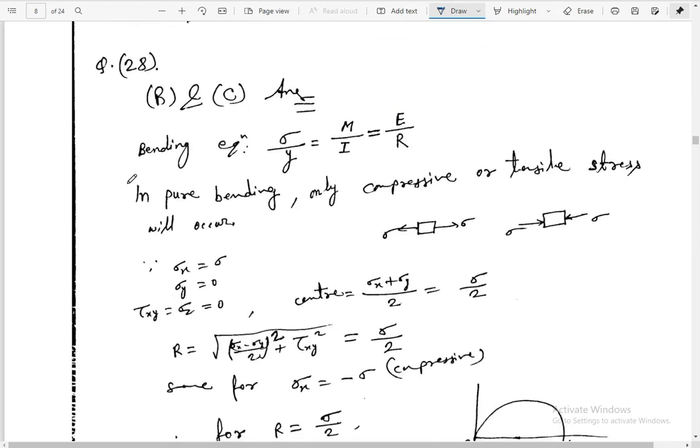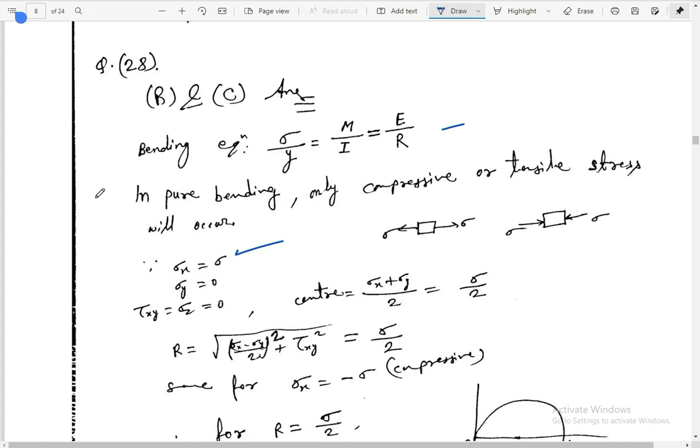We have the bending equation sigma by y equal to M by I equal to E by R. Pure bending means only compressive or tensile stress, no shear stress. So sigma x equal to sigma, sigma y equal to 0, because it will be either compressive or tensile. So sigma y and sigma z must be 0.